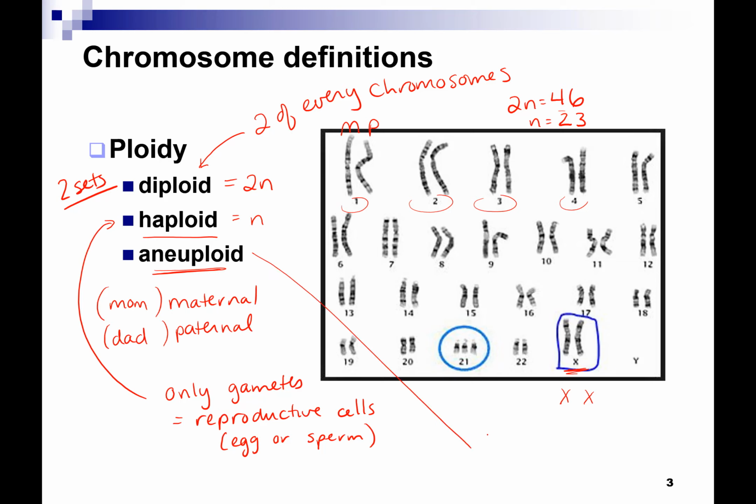So aneuploid means you have a different number of chromosomes. So in this case, this person has 3 chromosomes, number 21. So they are considered aneuploidy, which just means they've got either extra or less chromosomes than the typical human.